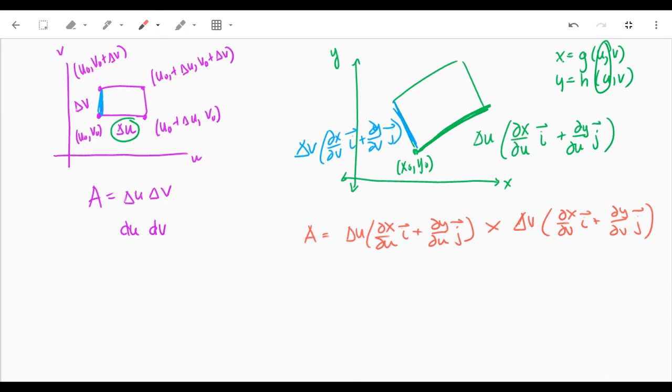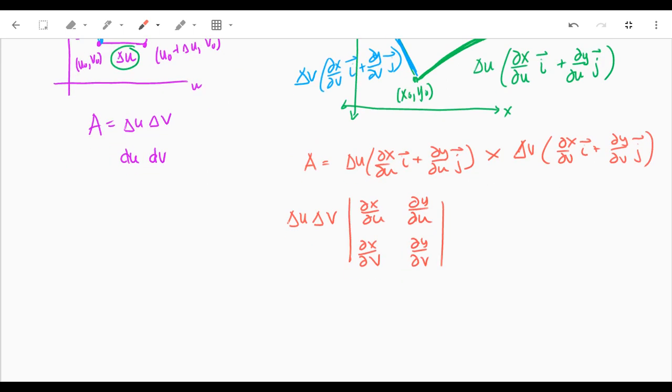First of all, delta u and delta v are constants, so we can take them out, and then we do the cross product of what's left: dx du, dy du, dx dv, dy dv.